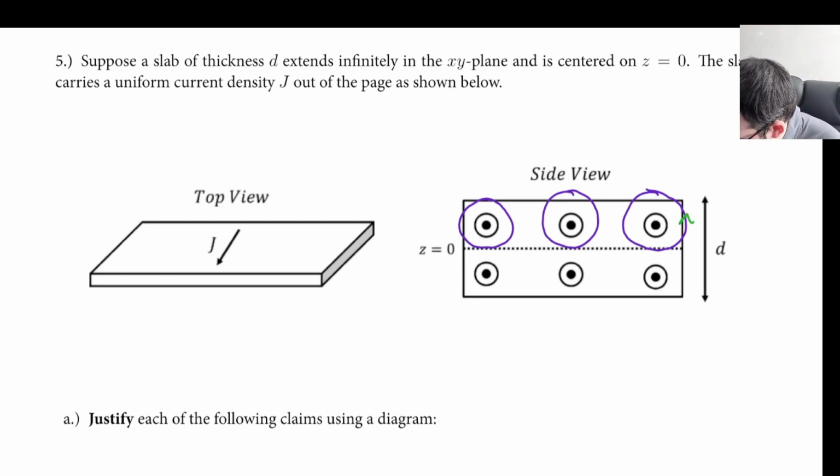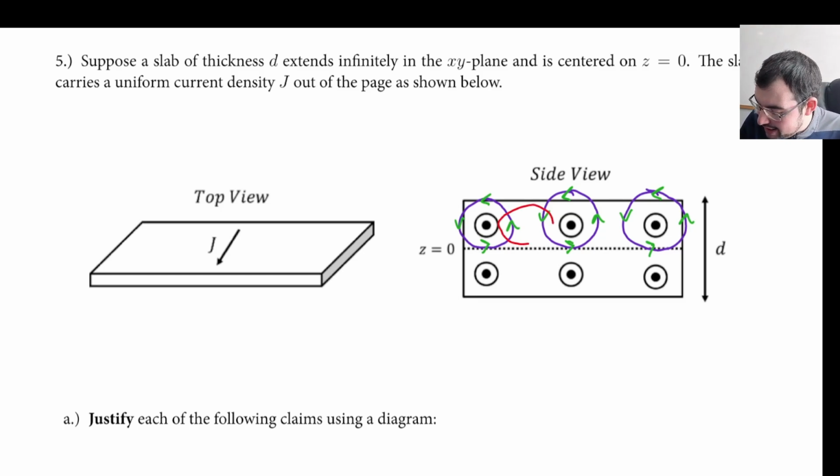So if I draw my counterclockwise circulating fields on each of these, we should notice something. Notice that if I were to overlap some of these adjacent circles, and it's not going to let me do it, but if I paste these circles on top of each other, which I should do because these aren't finite wires, these are infinite. This is an infinite slab, so I'm chopping these up into infinitely thin wires.